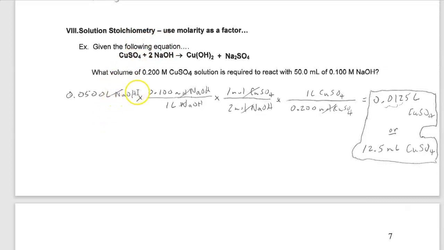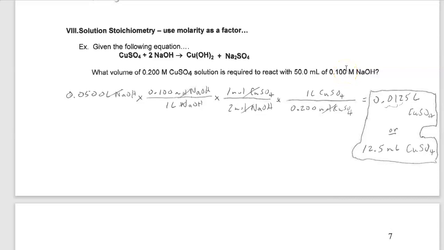Do I know a relationship between moles of sodium hydroxide and liters of sodium hydroxide solution? I do, because that's what 0.1 molar means. 0.1 molar means for every 1 liter of sodium hydroxide solution, there are 0.100 moles of sodium hydroxide.